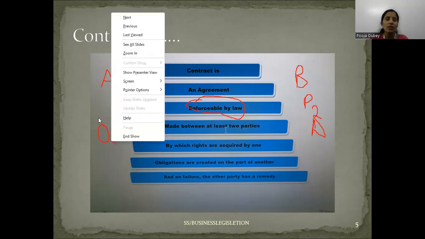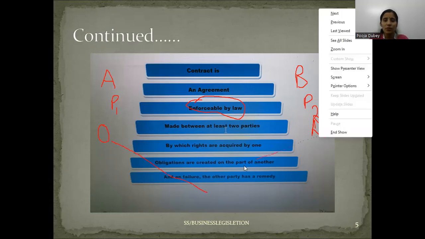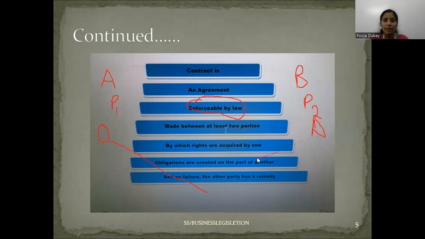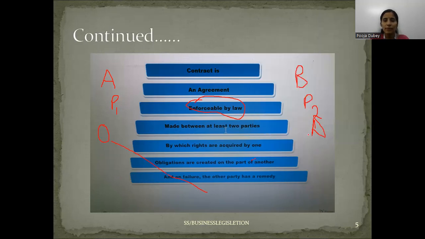So what you can see here, the offer will come this way, this offer will come this way. Here the promise and set of promises.